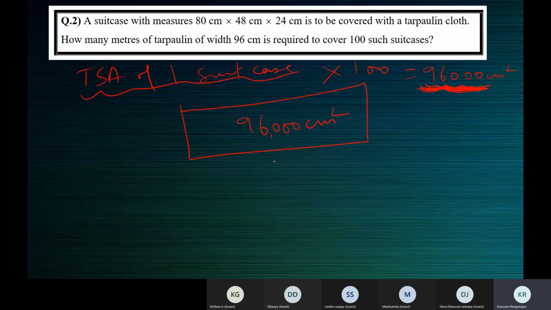The surface area of 100 suitcases is 96,000 centimeters square. That means this area of cloth we'll have to buy.